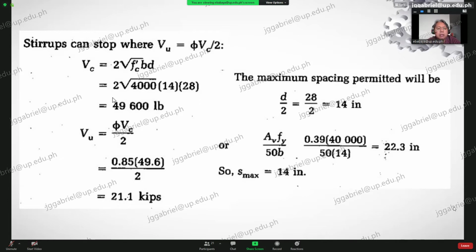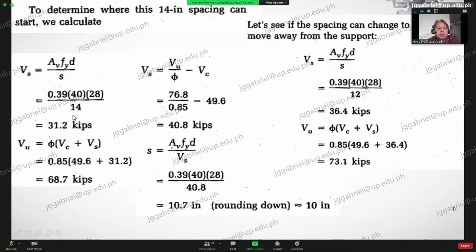Yung 14 inches, the spacing, we will have to locate where it is. Ano yung VU natin for 14 inches? Now, to get the capacity due to steel, this is our formula.